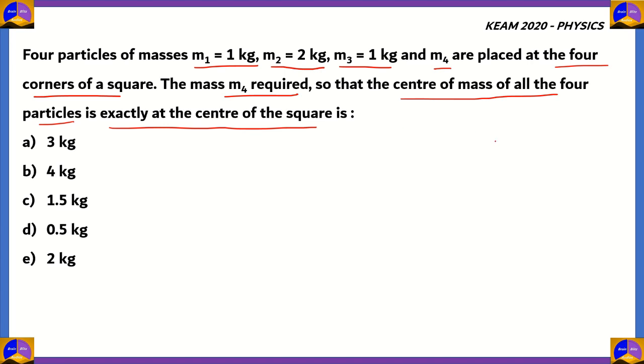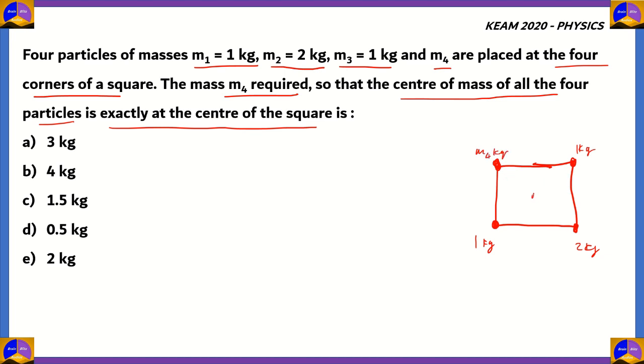First things first, we know that these 4 particles are arranged at the 4 corners of a square. So let's draw a square. Now we have 4 masses attached to the 4 corners: this is 1 kg, this is 2 kg, M3 is 1 kg, and M4 is M4 kg.